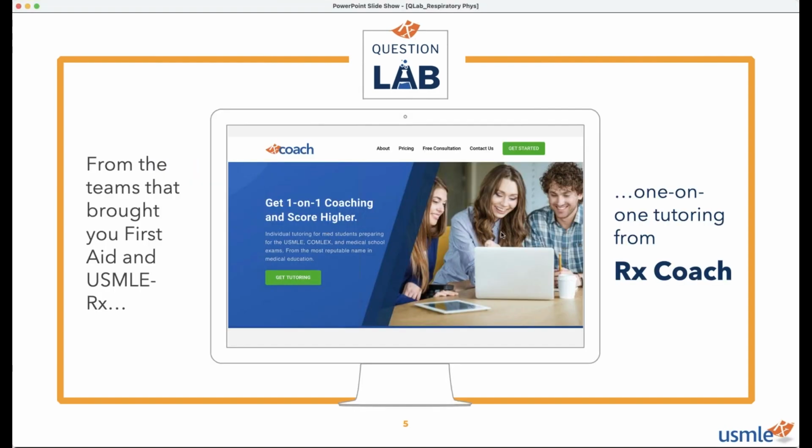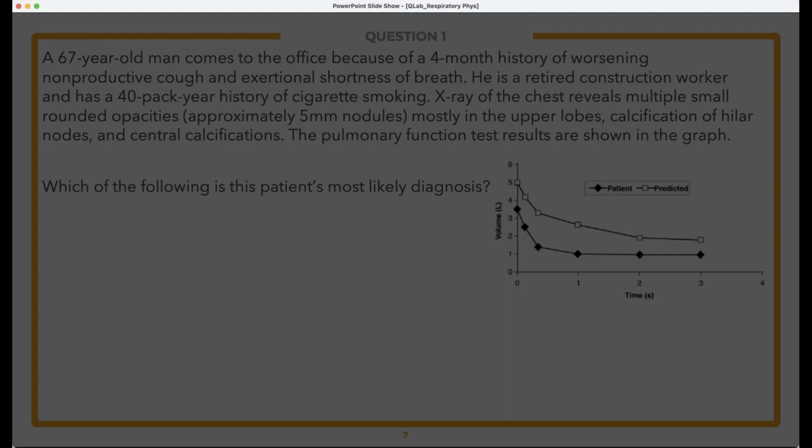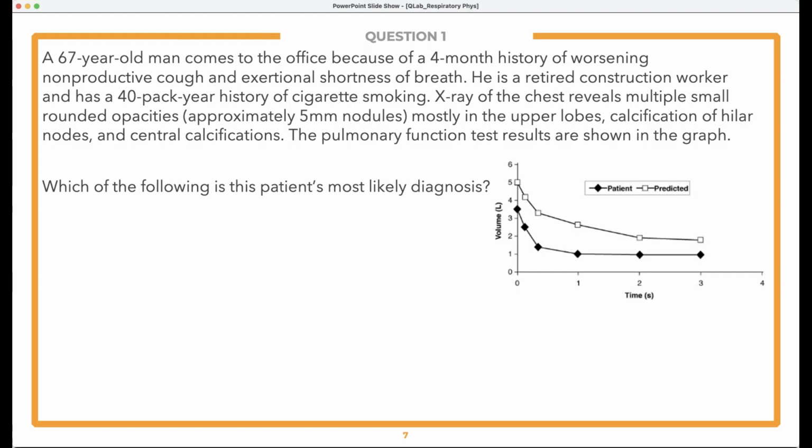So let's go ahead and start tonight with question number 1. The first thing you're going to note is what's missing from this screen, and that, of course, are the answer choices. That's by design.